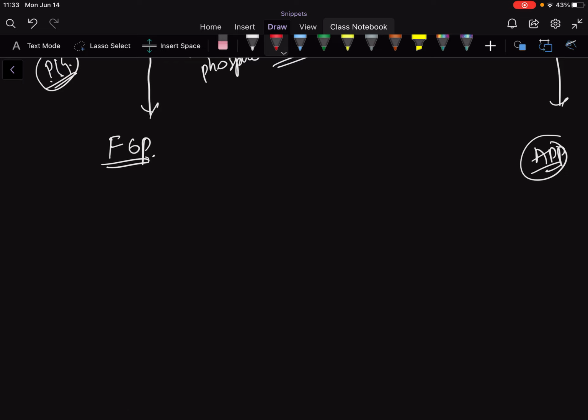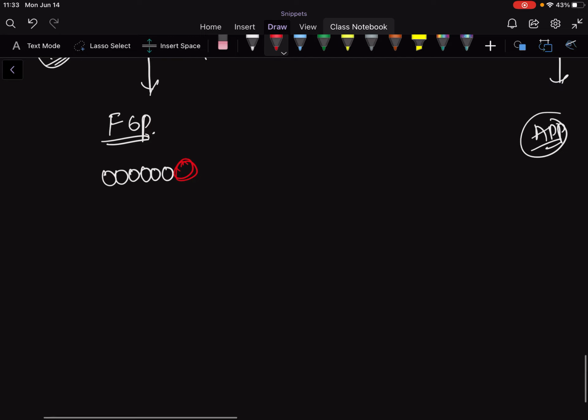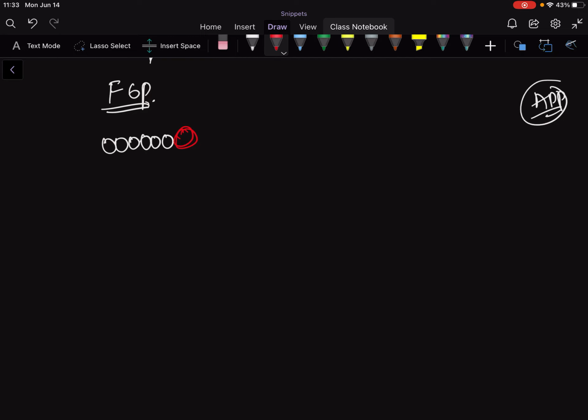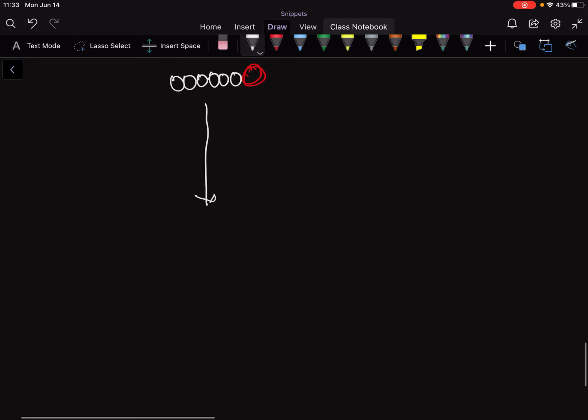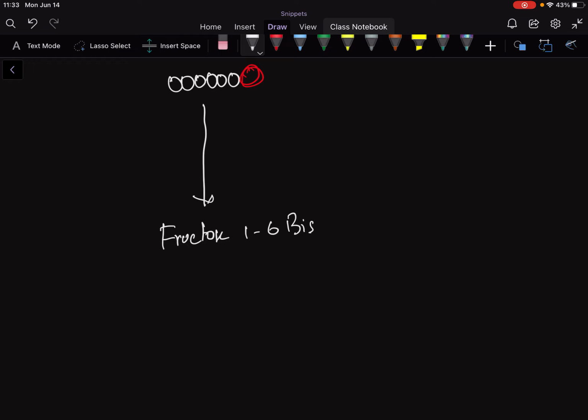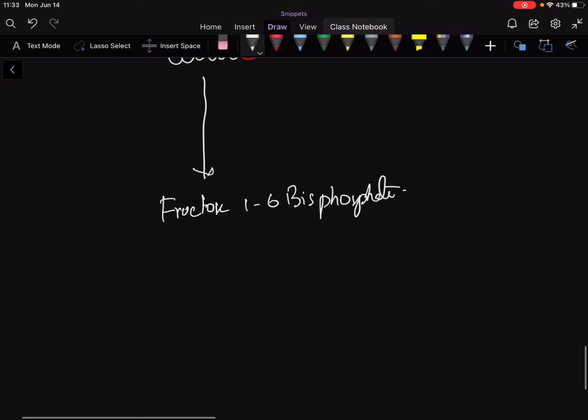So here is fructose, and here is the phosphate attached at the 6th position. This fructose 6 phosphate is converted into a compound called fructose 1,6 bisphosphate. So what is happening here?